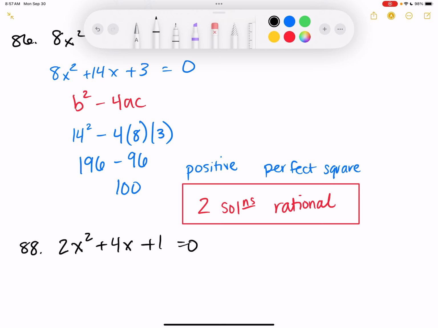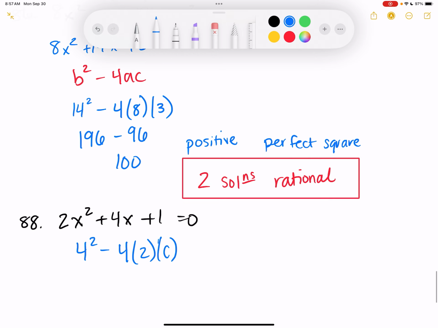So this one's already all on one side, so I can just go ahead with the b squared minus 4ac. So b squared is 4 squared minus 4 times a is 2, c is 1. So 4 squared is 16 minus 4 times 2 times 1 is 8. So this is equal to 8.